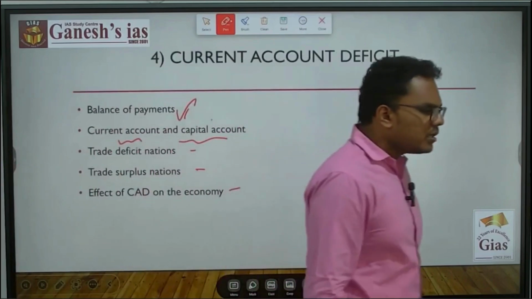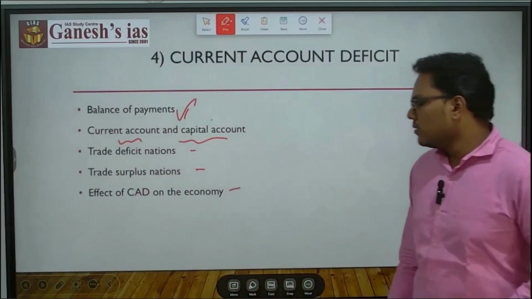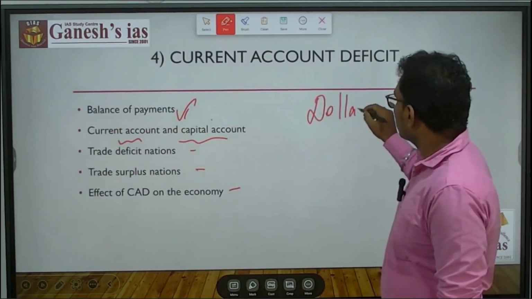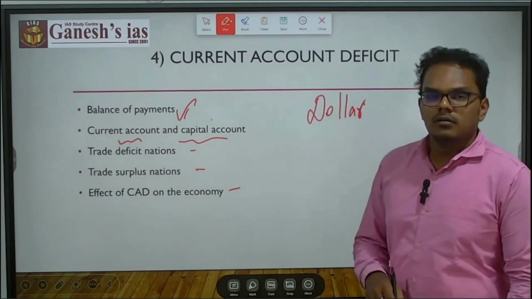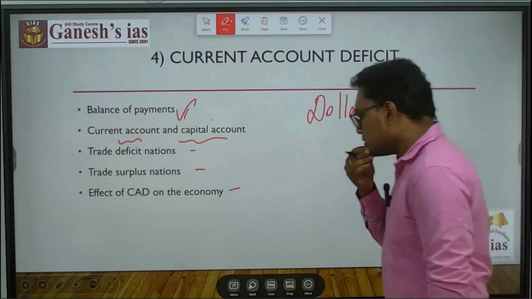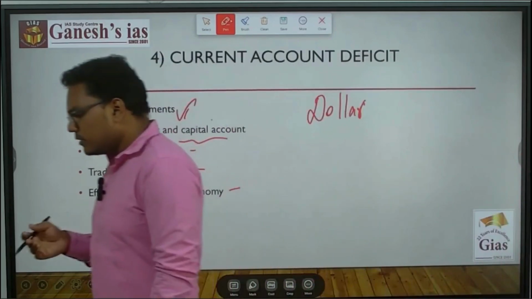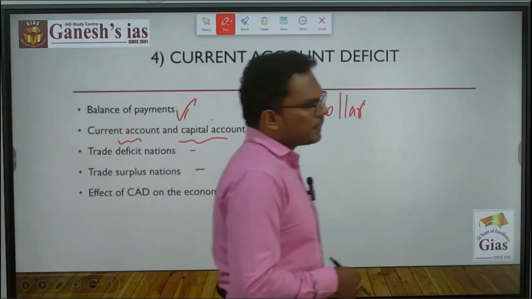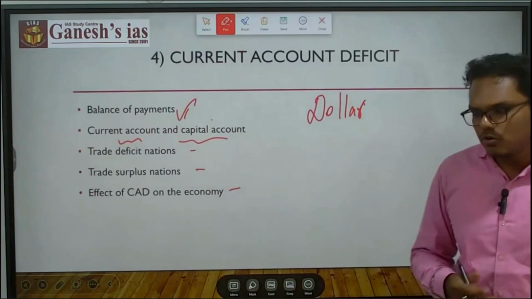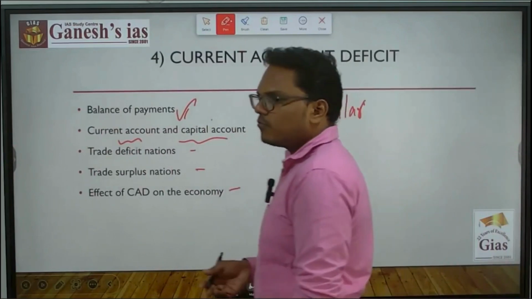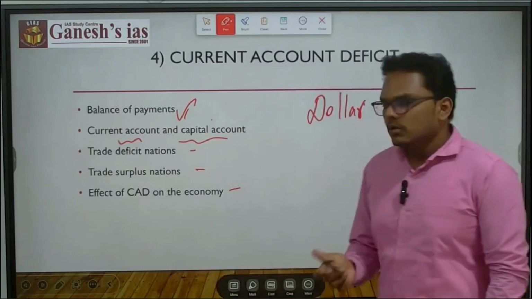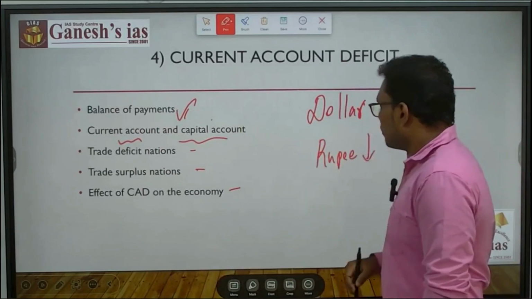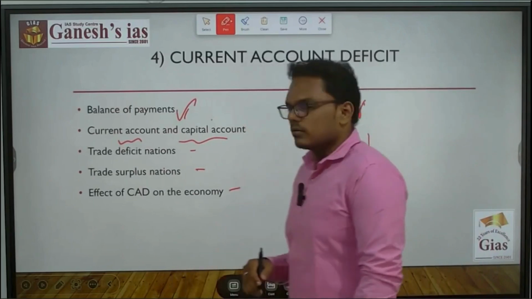See, if you have a larger current account deficit, which means what? You are in demand for dollars, because whatever you are importing is very high compared to what you are exporting. So naturally, to pay for the imports, you need more dollars. If you have demand for more dollars, naturally, what will happen? Your rupee will depreciate. If your rupee depreciates, then what will happen?